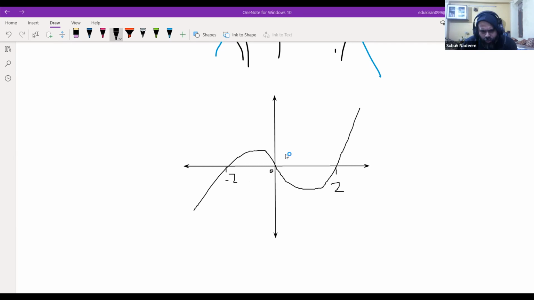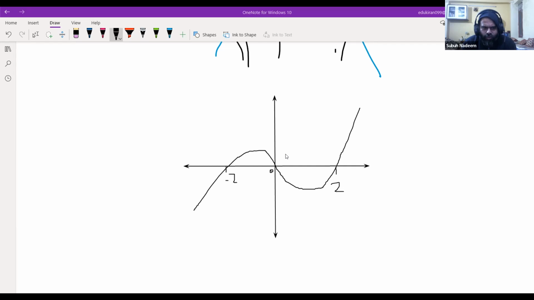What will be the asymptotes for the reciprocal one? 2 and -2, and zero? At zero also the denominator will become zero, so it will become undefined.